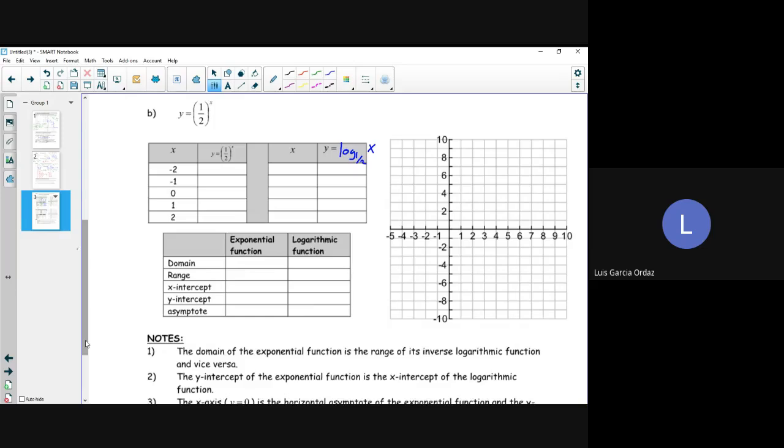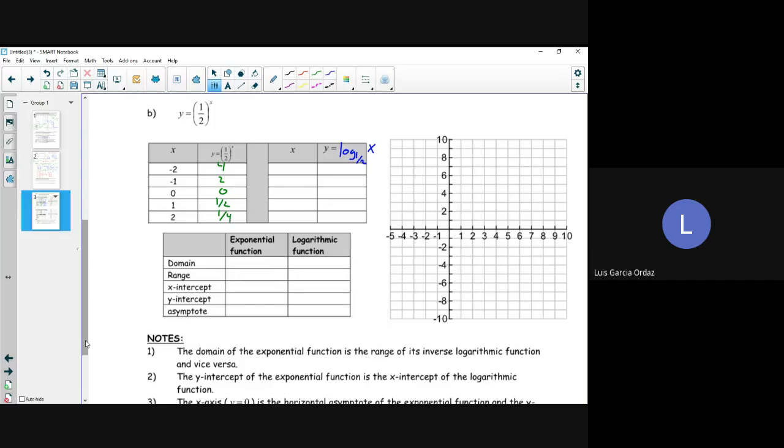So again, we're just going to plug the x values into the equation and see what y values it gives us back. So the first one, we have -2. So we get 4, 2, 1, 1/2, 1/4.